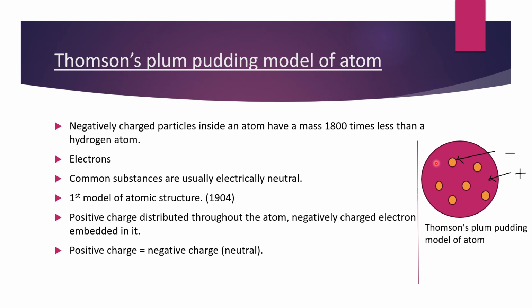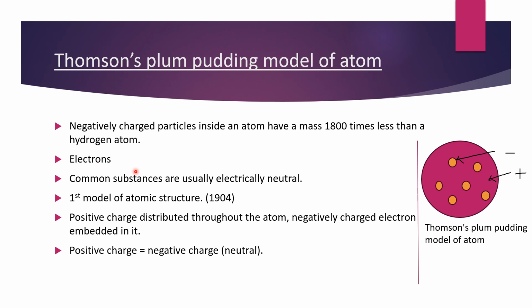As you can see here, the orange circle is shown as the negative particle and the pink one is the atom. These negatively charged particles that he found inside the atom are named electrons.